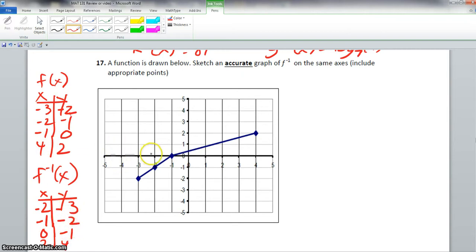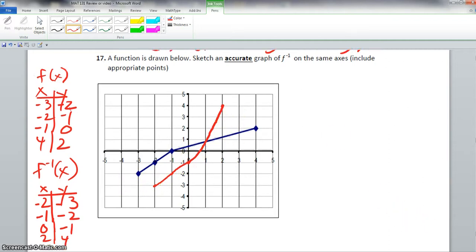So we will plot those points. We have -2, -3, which is here. Then -1, -2, which is here. Then 0, -1. And we also have 2, 4. And so we have graphed this function. I took the liberty of connecting these points to give us an accurate graph here.